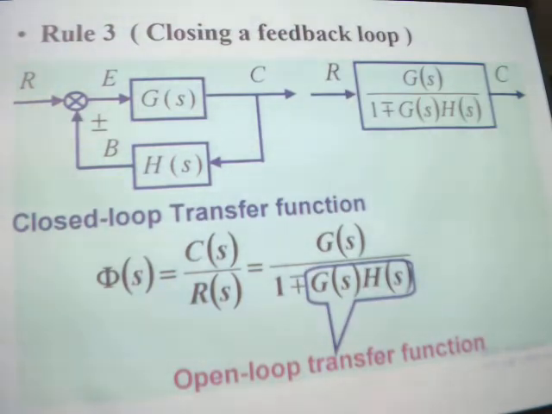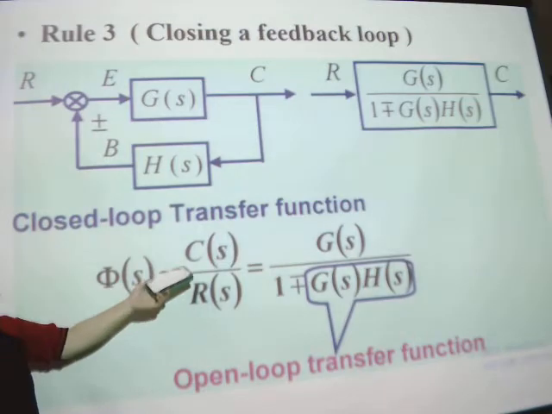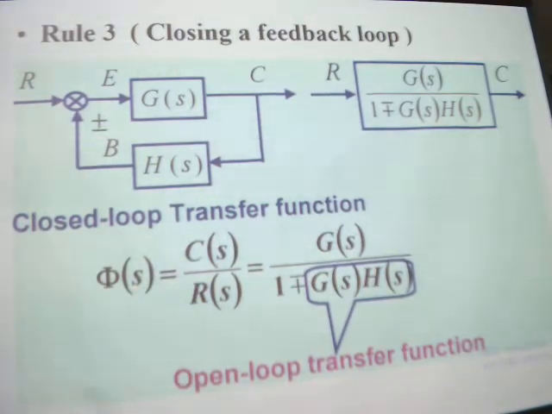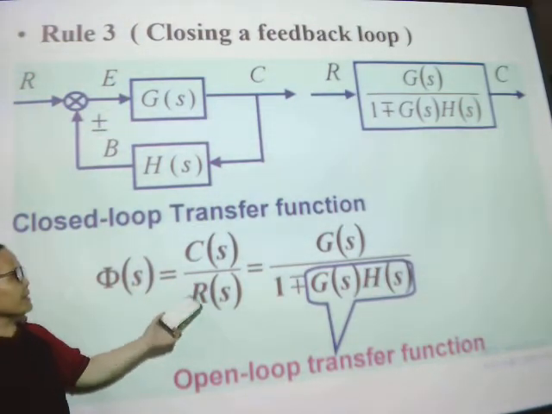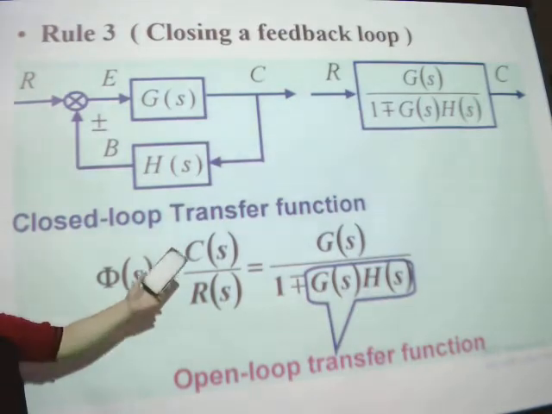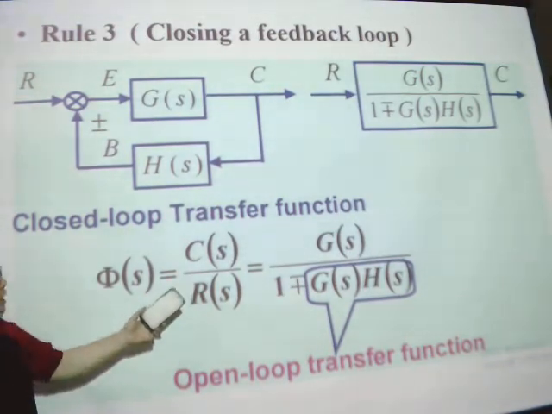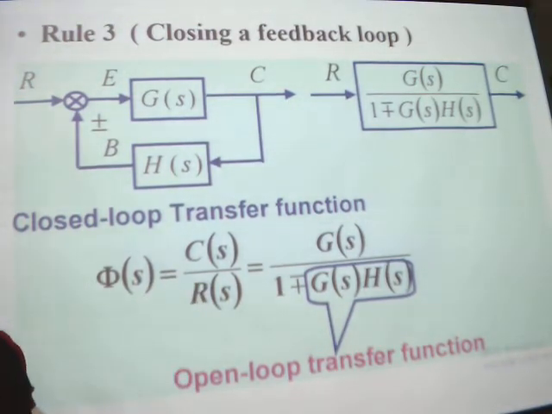We should remember the transfer function of a control system is equal to C(s) by R(s). Remember this. It is the target. We should get this ratio of C(s) to R(s).